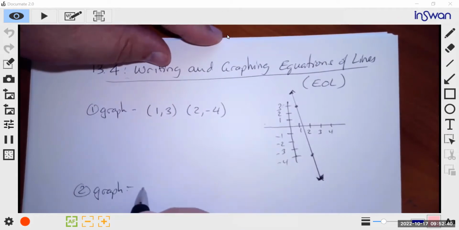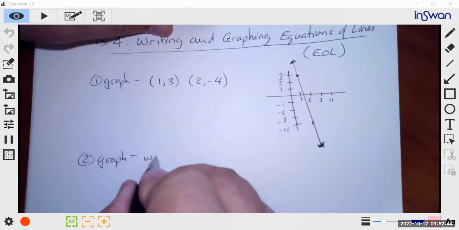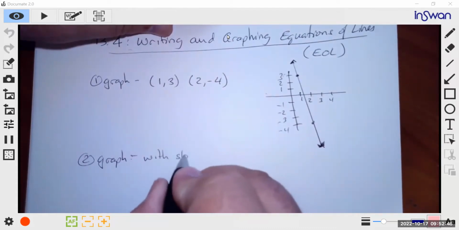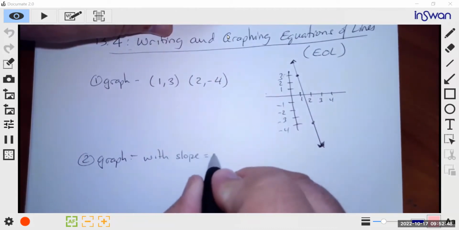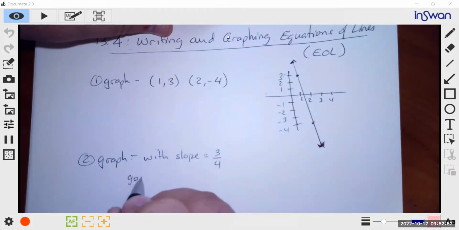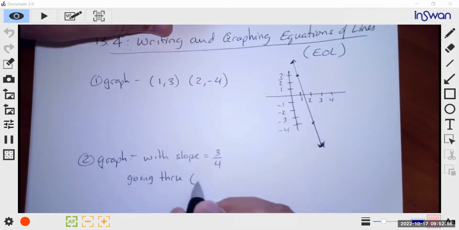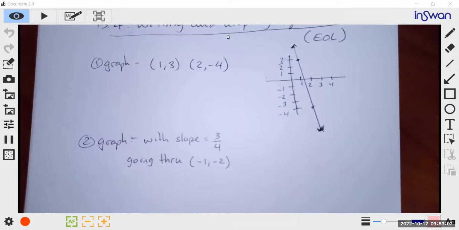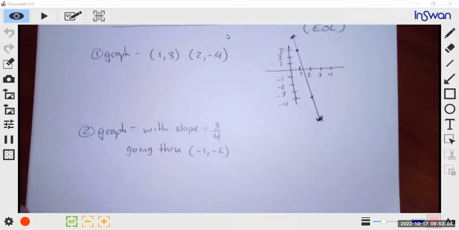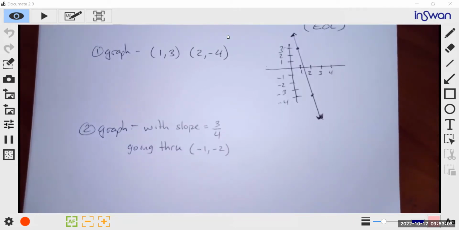Graph the line with slope equals 3/4 going through -1, -2. Now I'm giving you a point and a slope.